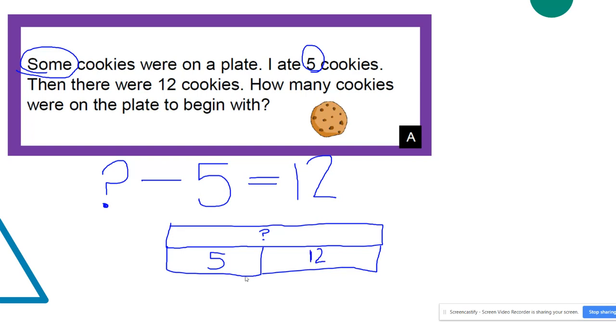So essentially, we're going to add together how many I ate plus how many are left, and that should equal up here. So 12 plus 5 is 17. So 17 minus 5 equals 12. All right. Try the next one all by yourself.